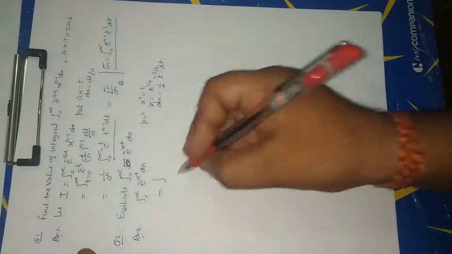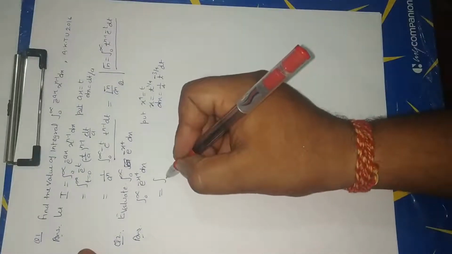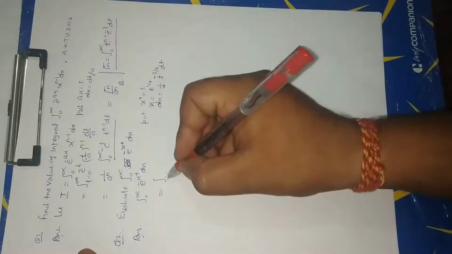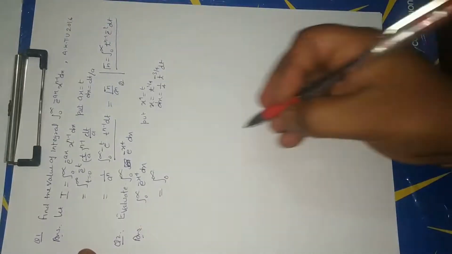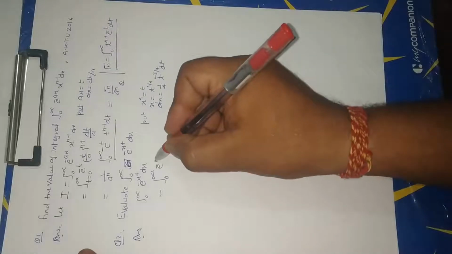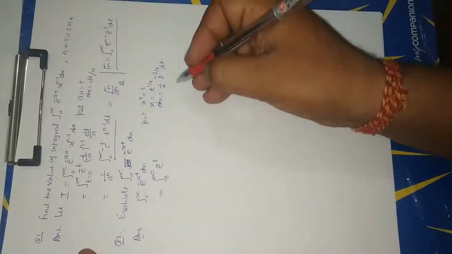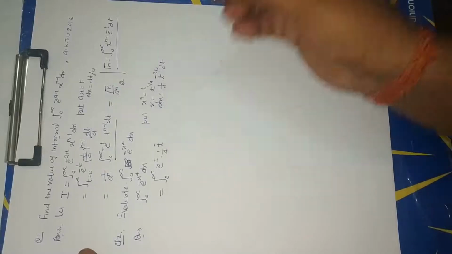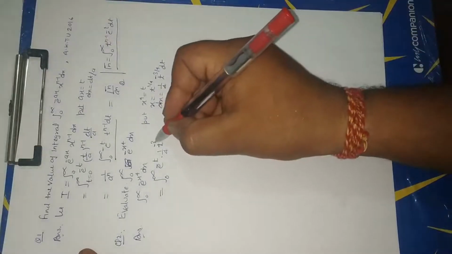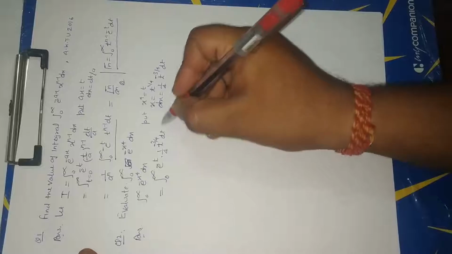Now the limit of x changes into the limit of t, remaining the same. e to the power minus t, now dx is 1 by 4 t to the power minus 3 by 4 dt.